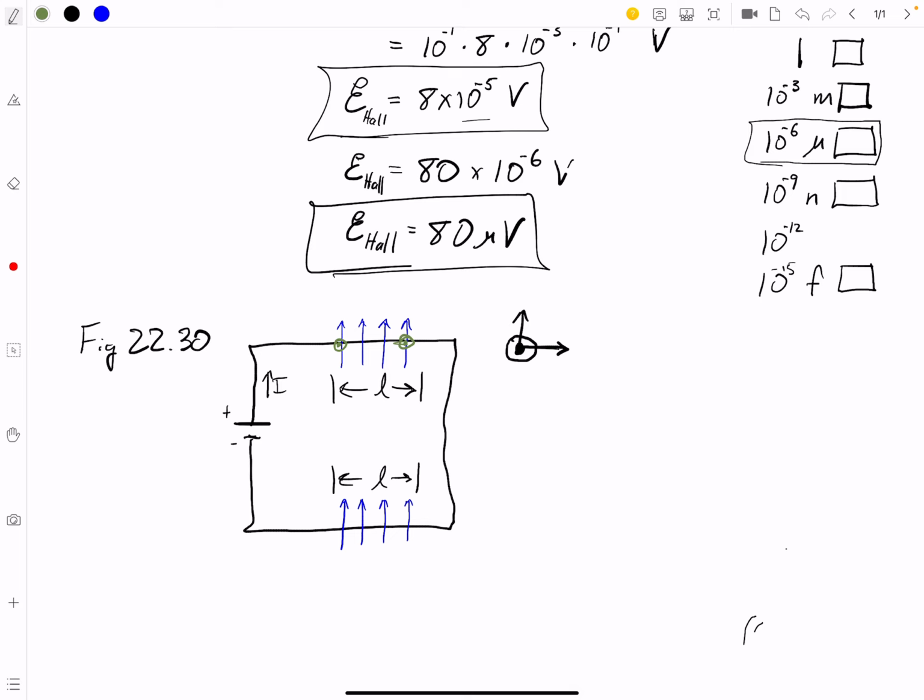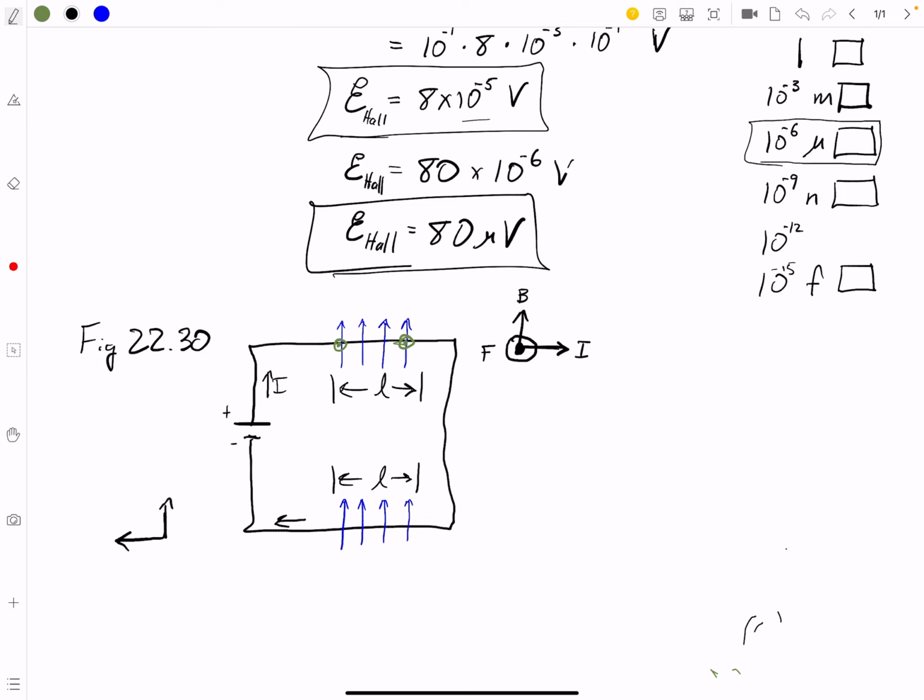But now let's look at the bottom where our current is going this direction. And we'll analyze that. So here, down here, we've got our current. Okay, that's our current, this is our B field, and then that's our force.